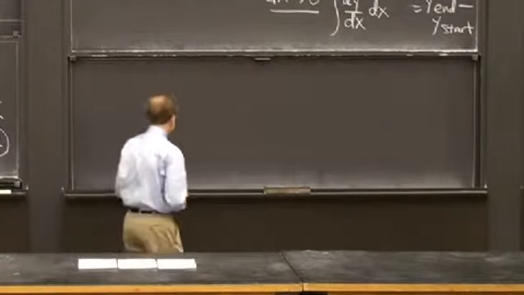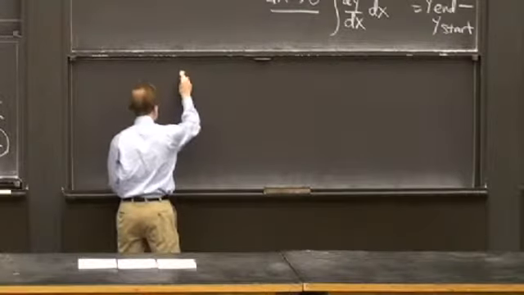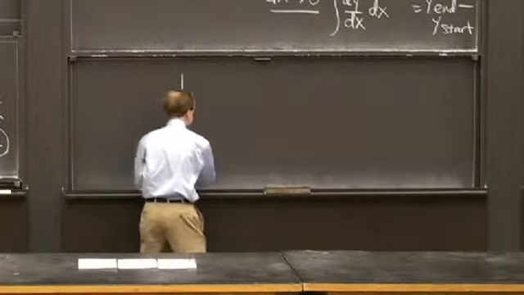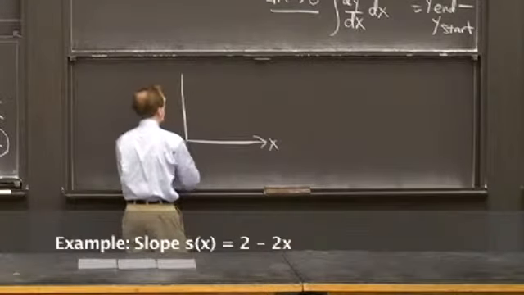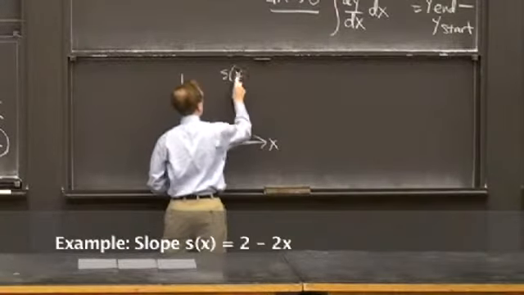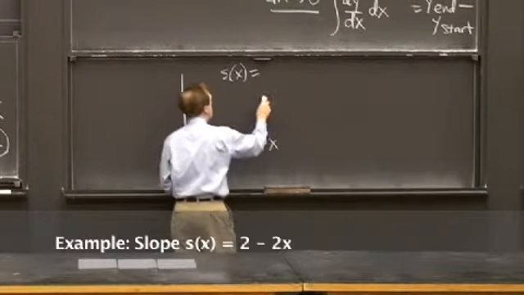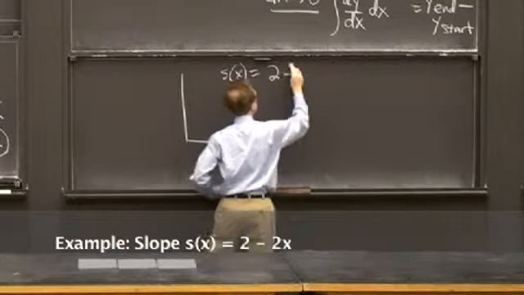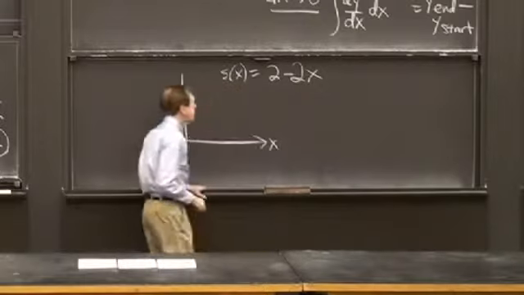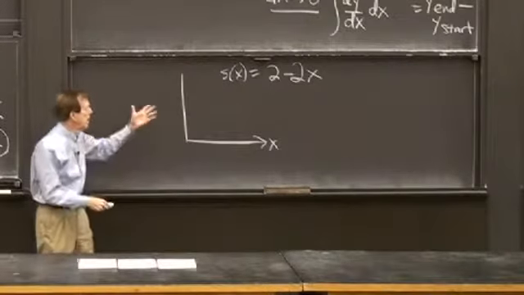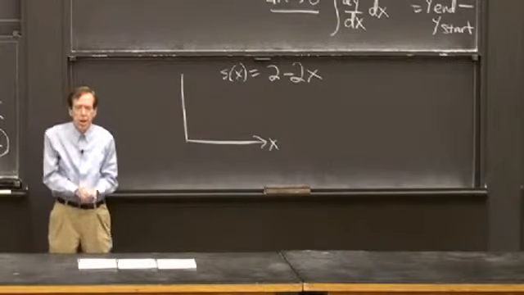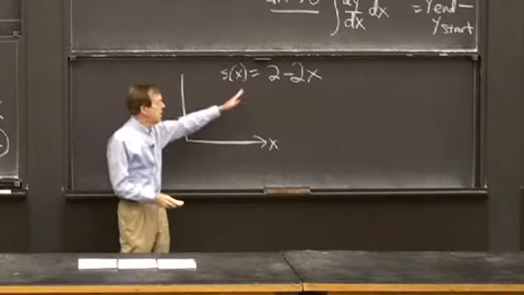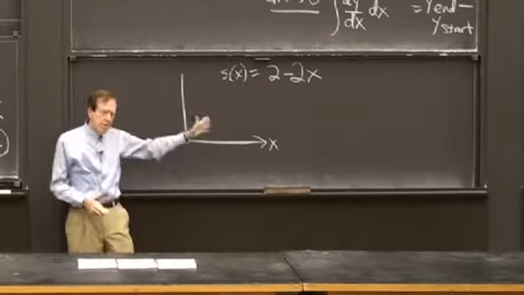Okay, let's do it. So now I'm going to take a particular s of x. Let me take s of x to be 2 minus 2x. I didn't want to take one totally simple that I already had started the lecture with, but it's not difficult either.